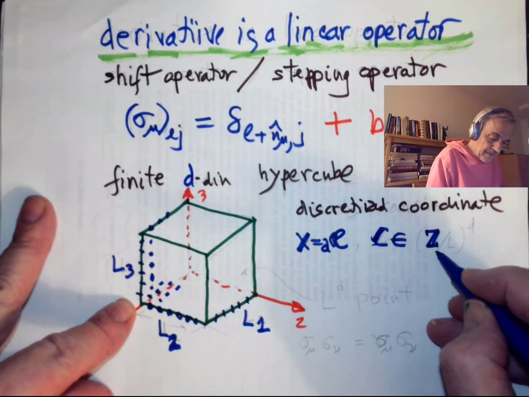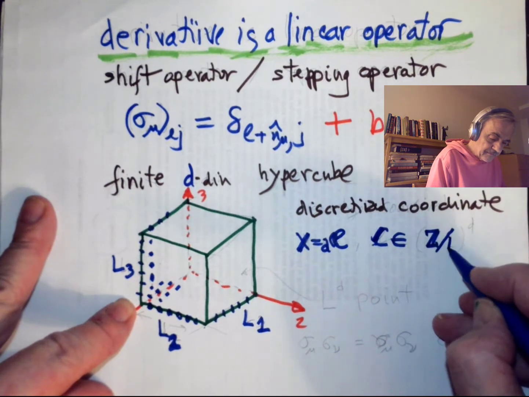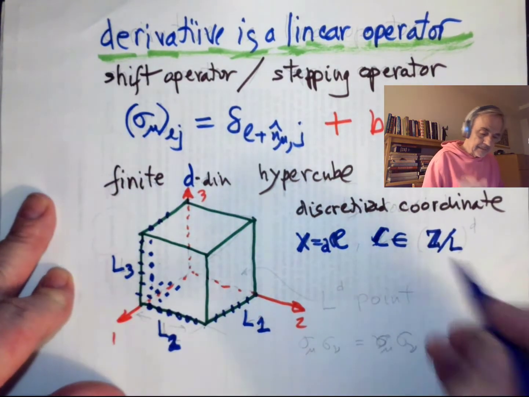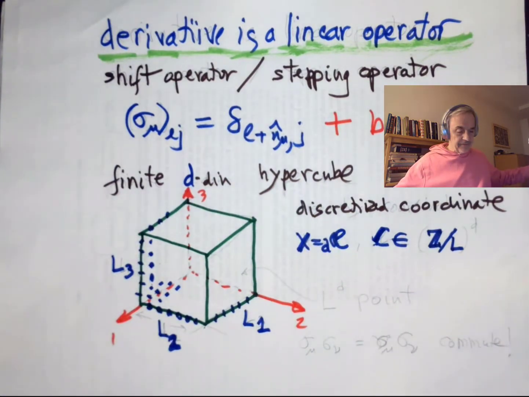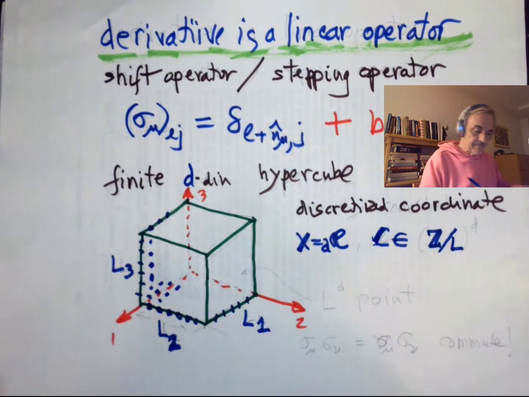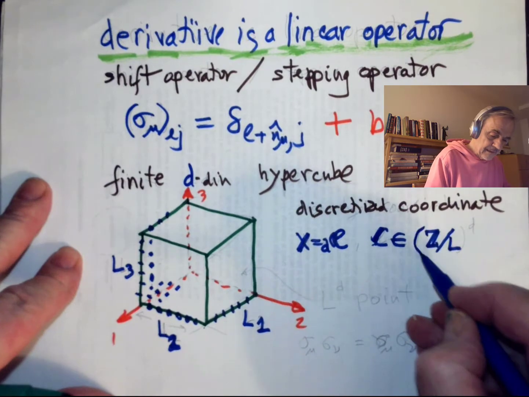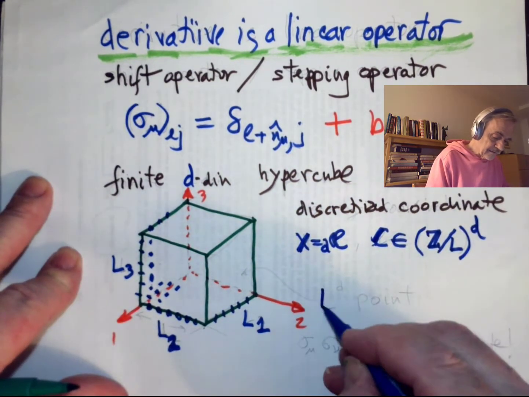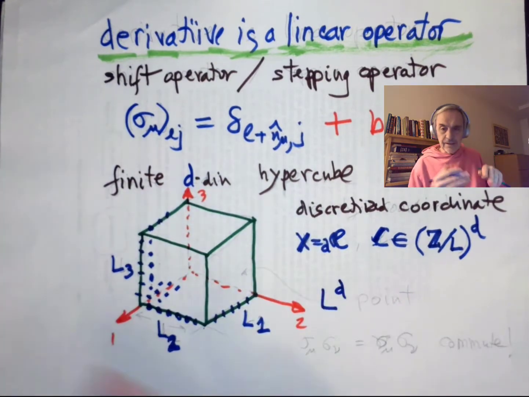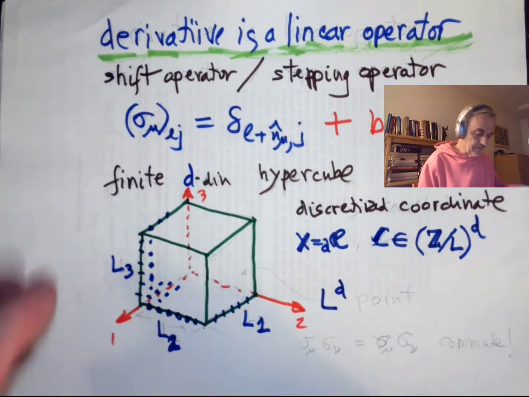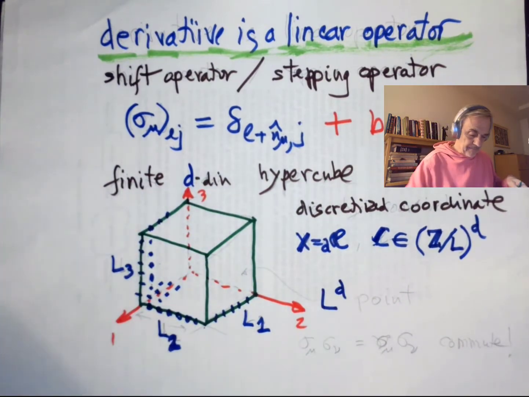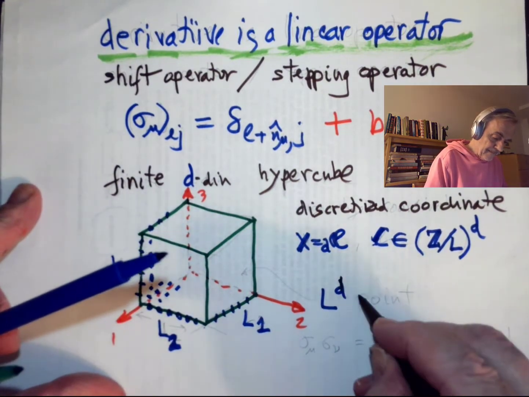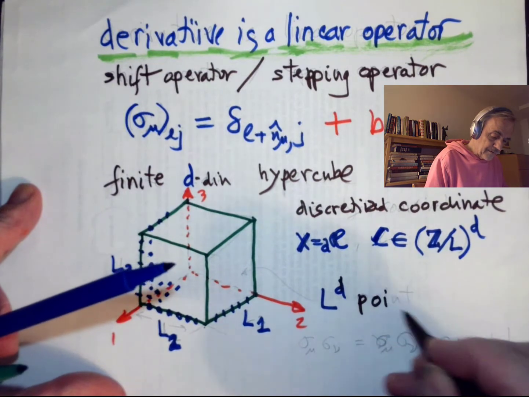So in mathematical notation, we divide it by L, meaning something that used to be an infinite lattice is now just L integers. And we do this in every dimension. And that means that we have replaced a continuum in d dimensions by L to the d points.